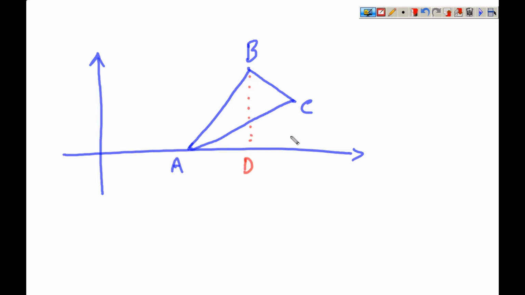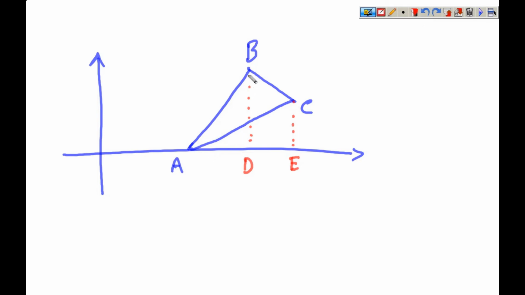Let's say this is D, and let's say this is E. Now we can find the area of ABD, the area under AB, and then we can find the area under BC, which will give us the whole area. Then we can subtract the area under AC from the whole area, and then we'll get the remaining part, this area.